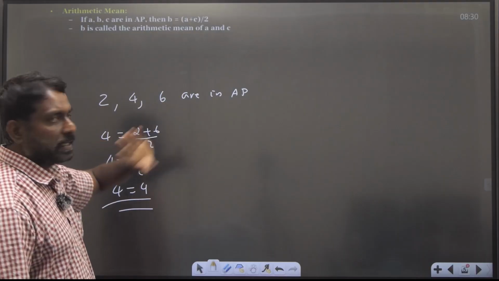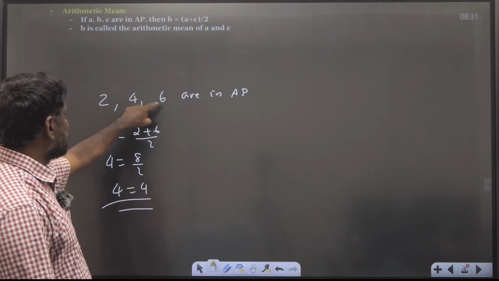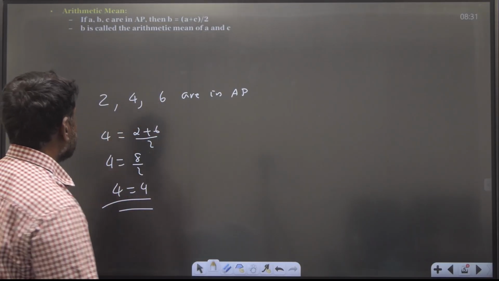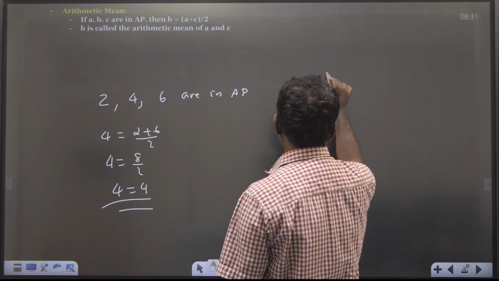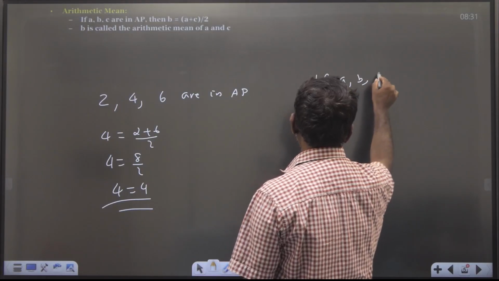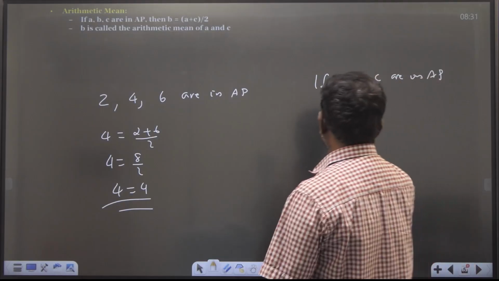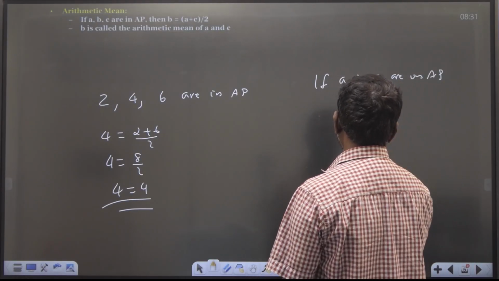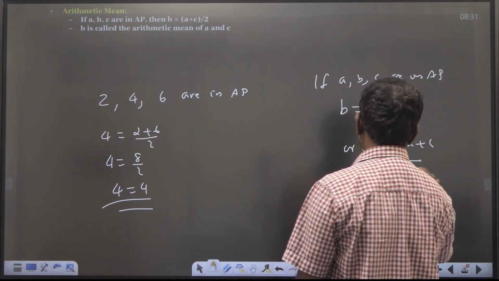If 2, 4, 6 are in AP, then the middle term is equal to half of the sum of the end terms or extreme terms. Therefore the formula is: if A, B, C are in AP, then B is equal to (A plus C) by 2, or we can write 2B equal to A plus C also.